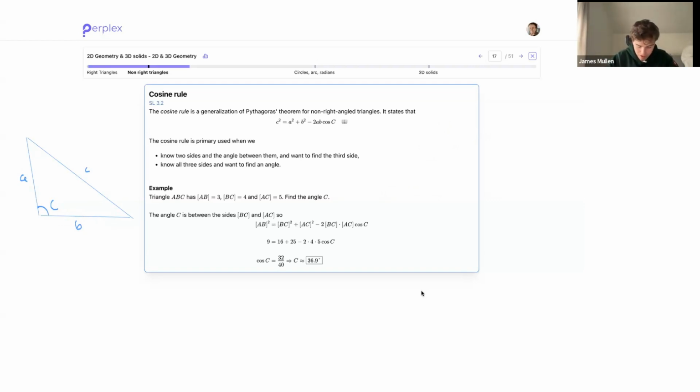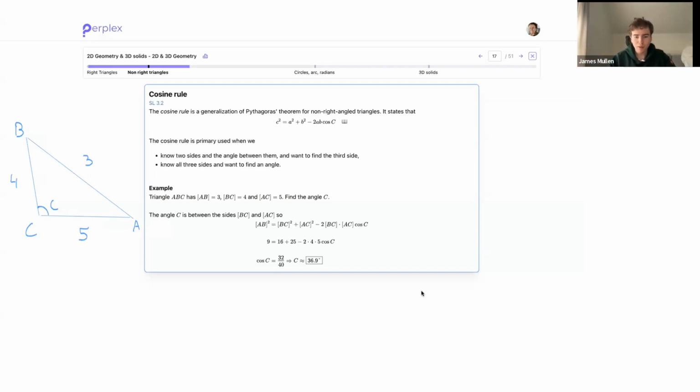So in this example, the question is giving us, let me just write everything out here. I'm going to say that this is A, B, and C. The example is telling me that AB is equal to 3, BC is equal to 4, sorry, BC is over here, BC is equal to 4, and AC is equal to 5. I haven't drawn this at all to scale.